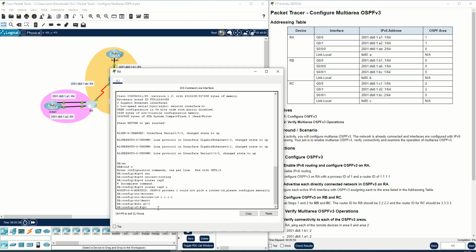First, ipv6 ospf, then the area. Which area? This is area 1.